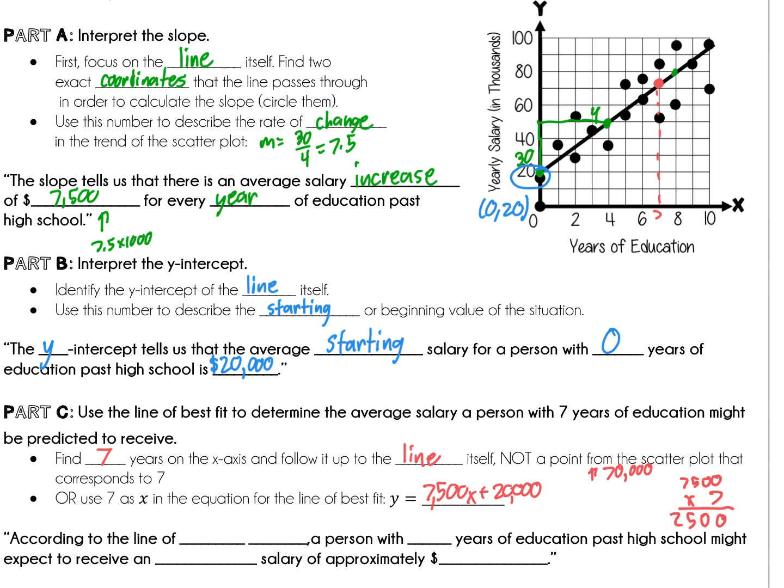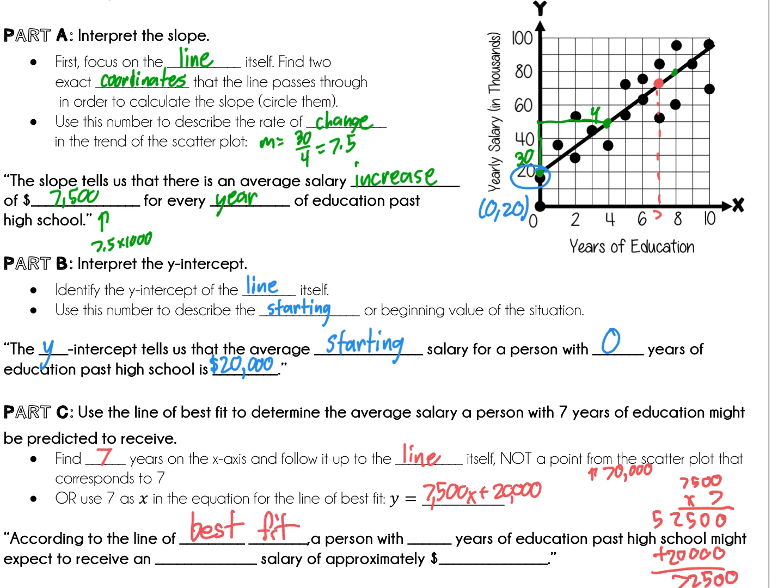We can then replace our x with 7 and do the math. 7,500 times 7 plus 20,000 will give us $72,500, which is a little bit above 70,000, just like we thought, but this is a lot more accurate number.